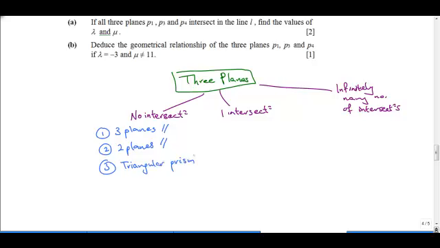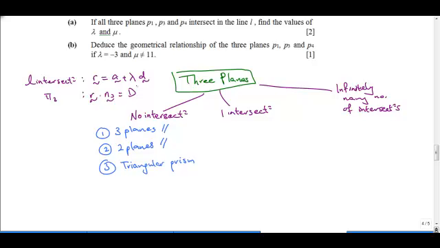When we study the relationship between three planes, once we know that two planes intersect along a line, then we will be interested to look at how that line is related with respect to the third plane. So for instance, the equation of this line of intersection is given by r = A + λD, whereas for the third plane, the equation is given by r · n3 = d.